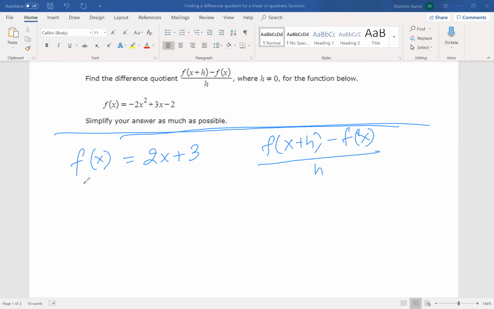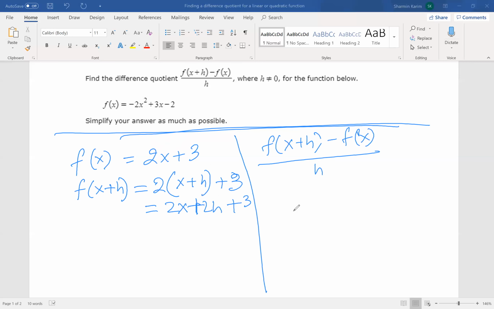So if we find f of x plus h, we get 2 times x plus h plus 3. So what we have is 2x plus 2h plus 3. So we can copy this one here, 2x plus 2h plus 3.